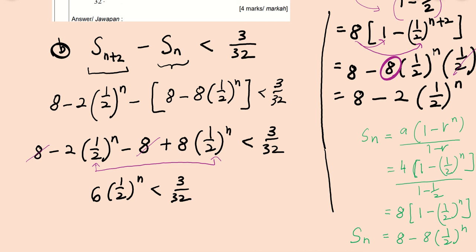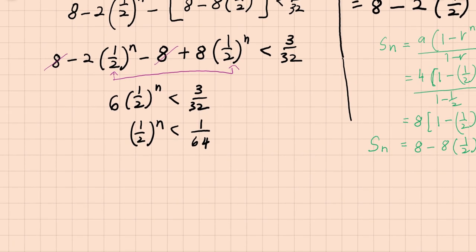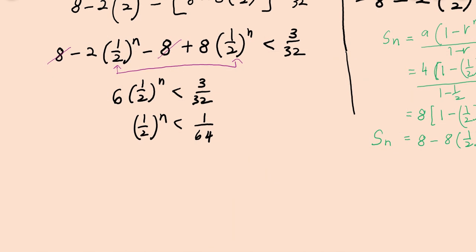Okay, so 6 boleh remove ke sebelah kanan. So 3/32 divide by 6, boleh tekan calculator. You will get the value 1/64. So 1/2 power n less than 1/64. Okay, so kita boleh solve this inequality.